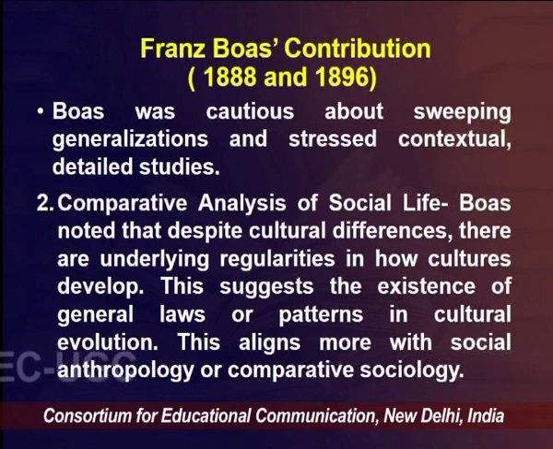The second task of anthropology was comparative analysis of social life. Boas noted that despite cultural differences, there are underlying regularities in how culture developed. This suggests the existence of general laws or patterns in cultural evolution. This aligns more with social anthropology or comparative sociology.